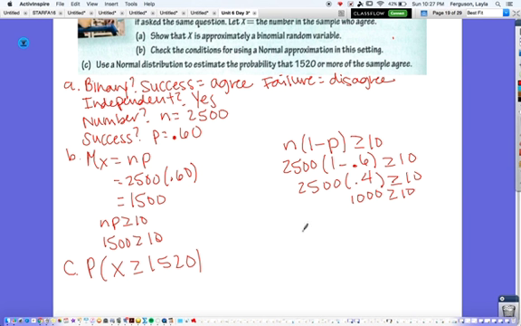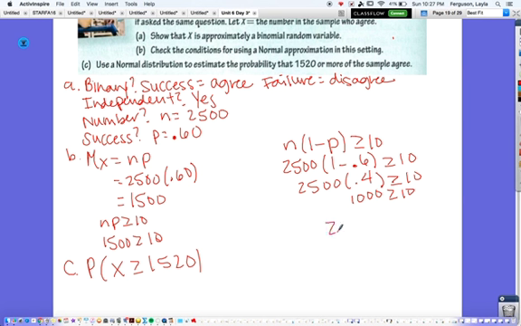So what we could do for this is use the standard normal table. We first have to find our z.